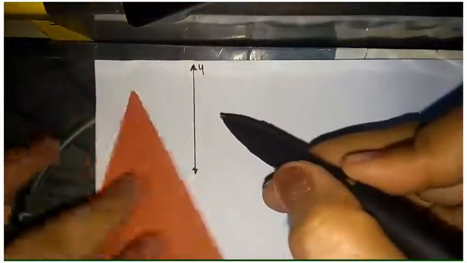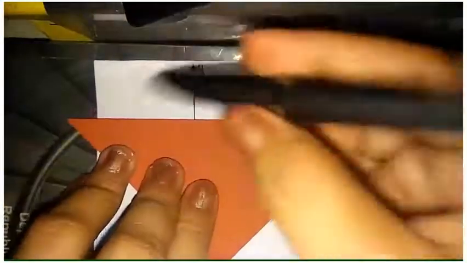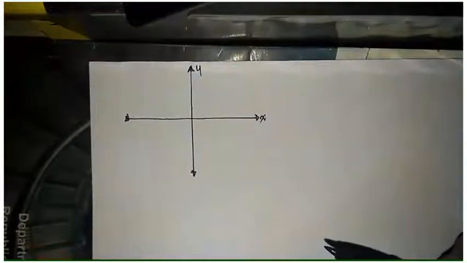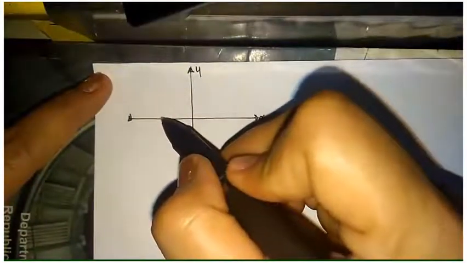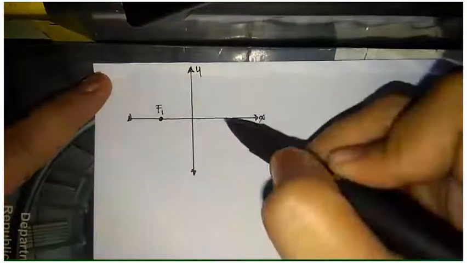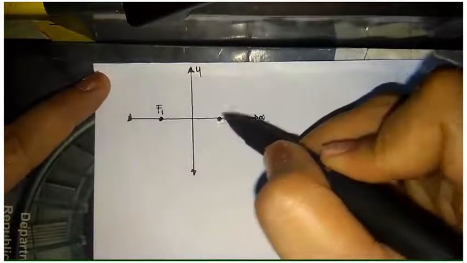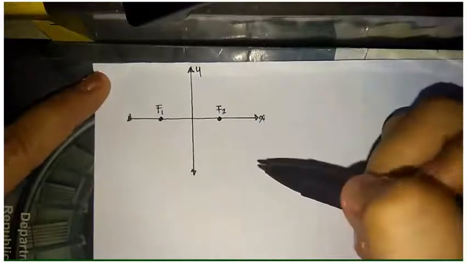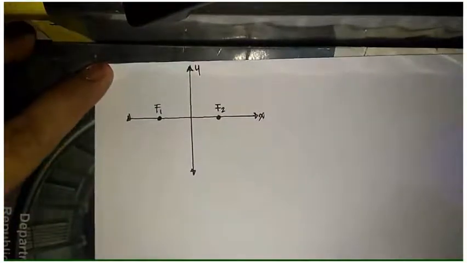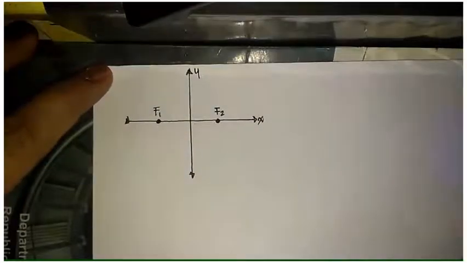So, this is our y line, and let this be our x line. So let us identify now our foci. Let us say this is point F sub 1 for our first focus, and this is our second focus. So that's our two foci. The plural for focus is foci. The singular is, of course, focus.